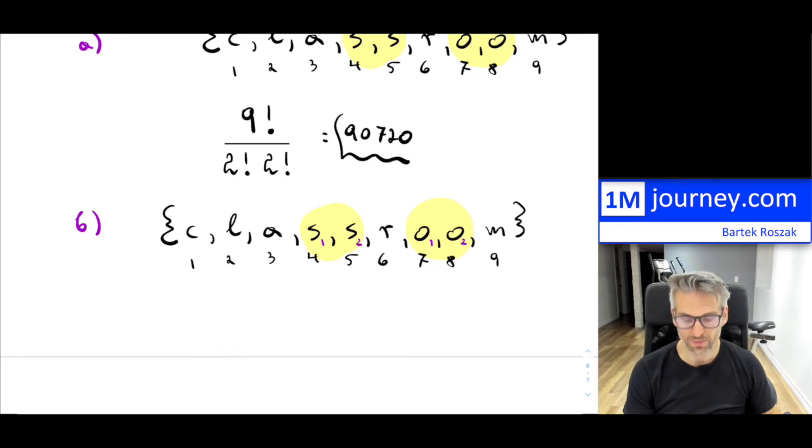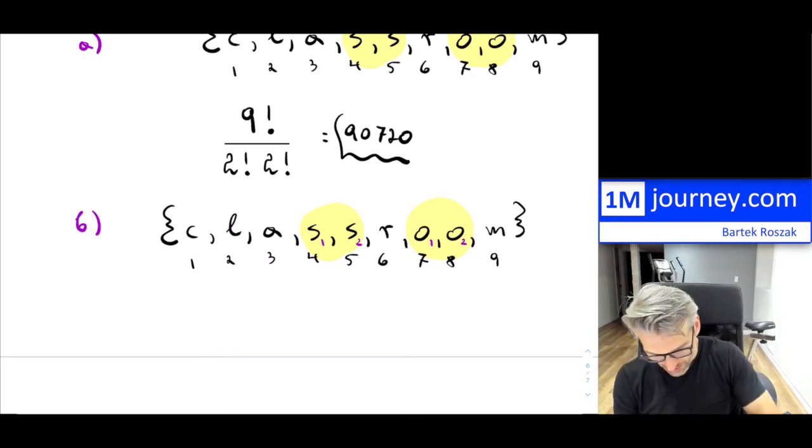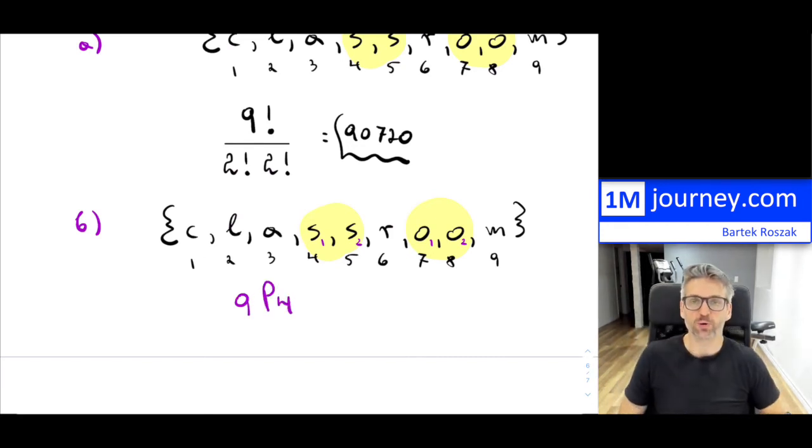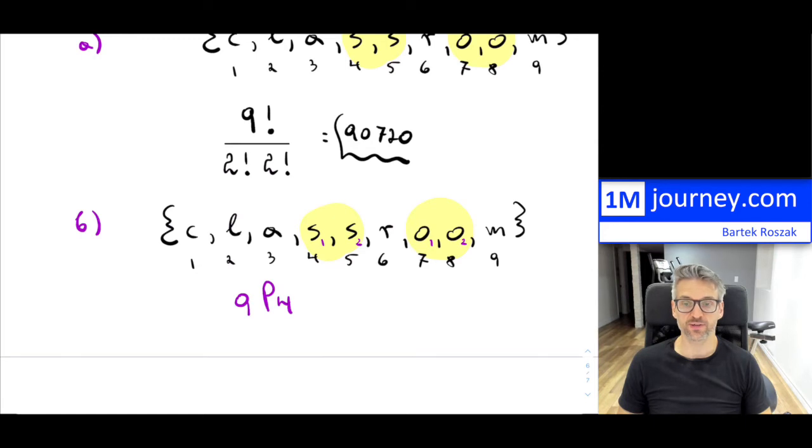Then if I wanted to make 4-letter words, we would use 9P4. Basically, how many permutations can we have from 9 distinct letters? Then that would be the answer. But unfortunately we can't really do that, because the S's are not distinguishable.